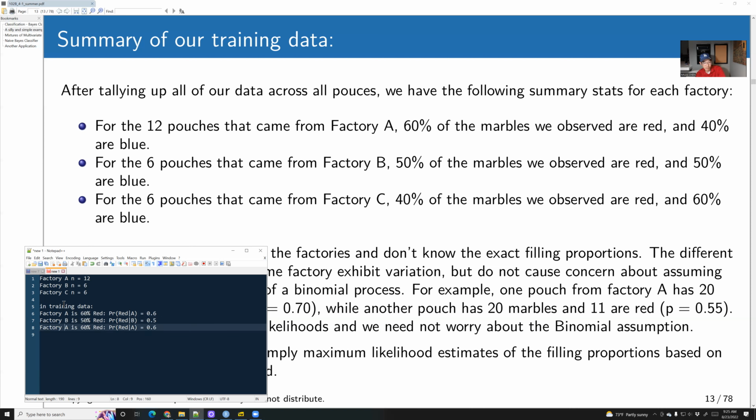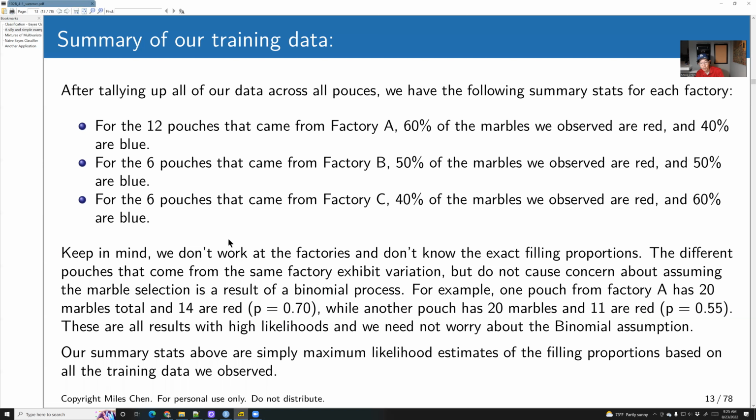And in factory C, only 40% of the marbles are red. So I'm going to write it like this. The probability of getting red, if we know it comes from factory A, is 60%. The probability of getting red if it comes from factory B is 50%. The probability of being red if it comes from factory C is only 40%.